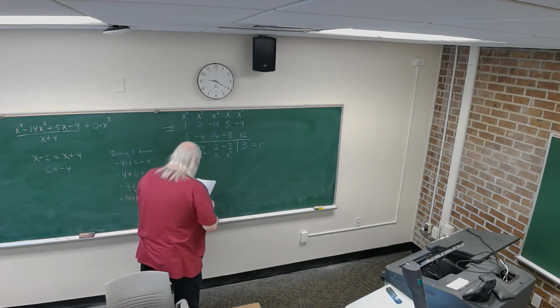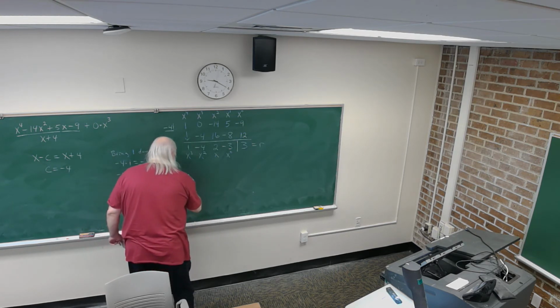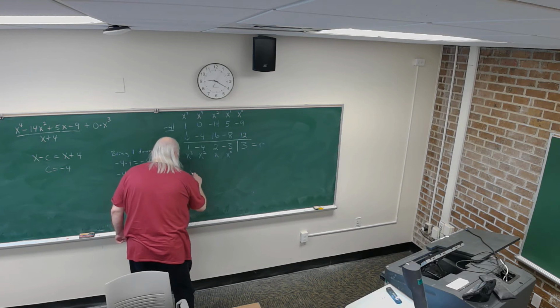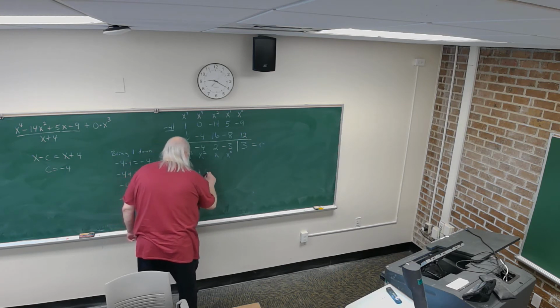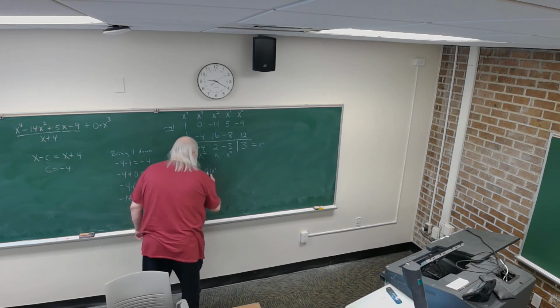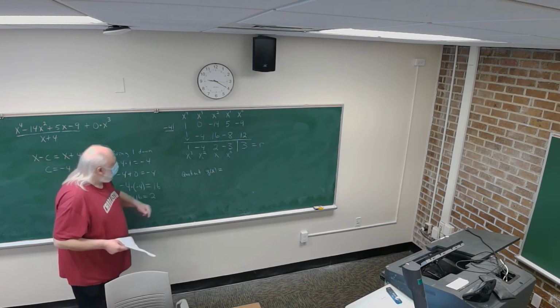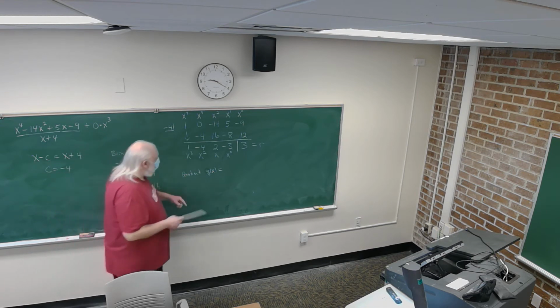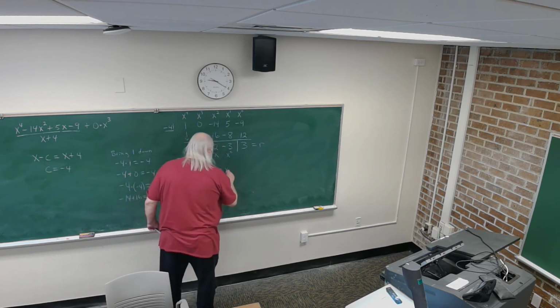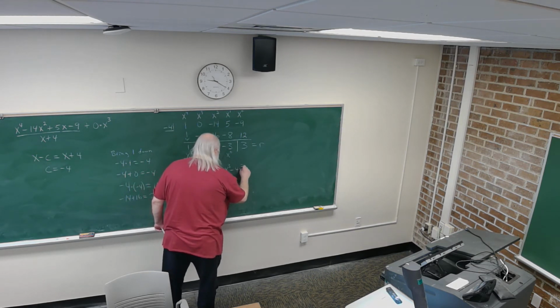And we have the quotient q of x. Actually, it's a small q, not a big q. 1 times x cubed is x cubed. Then we have minus 4 times x squared.